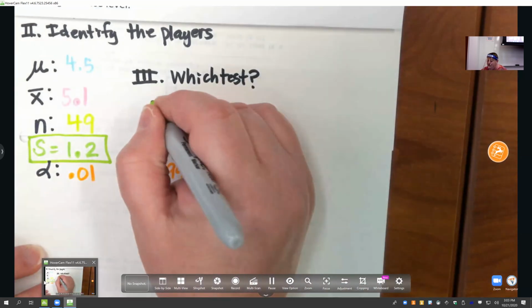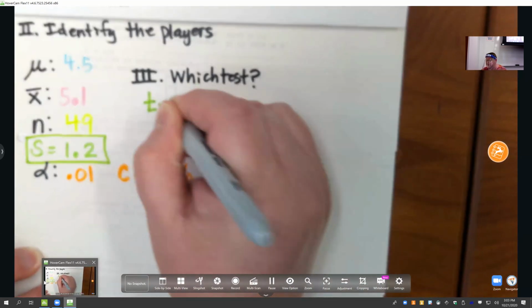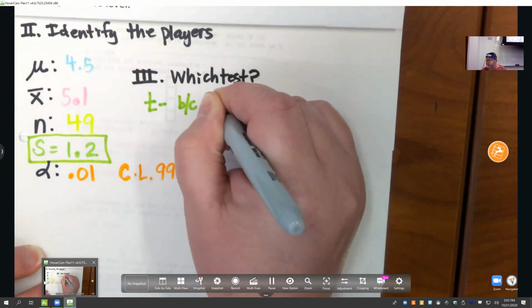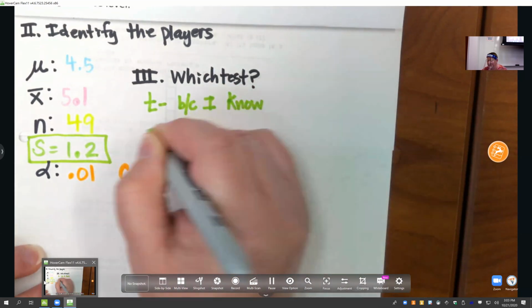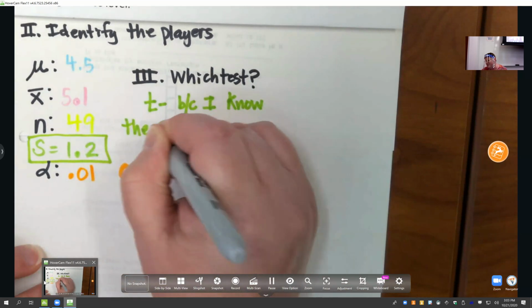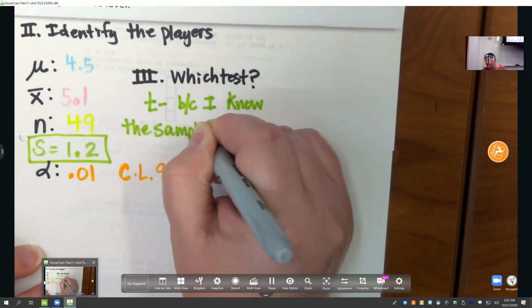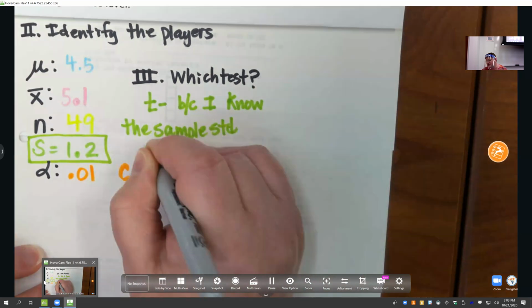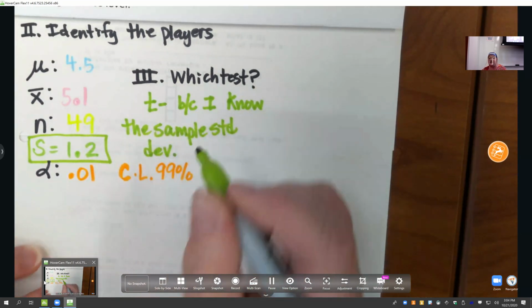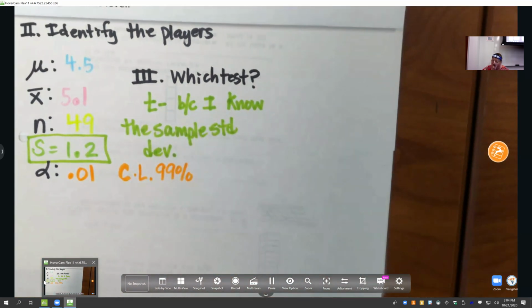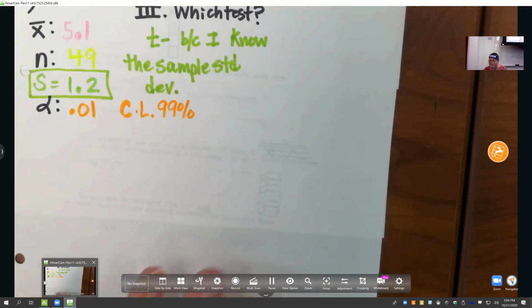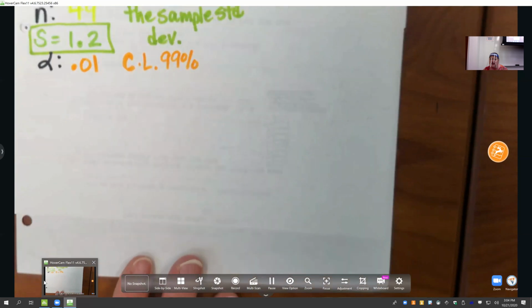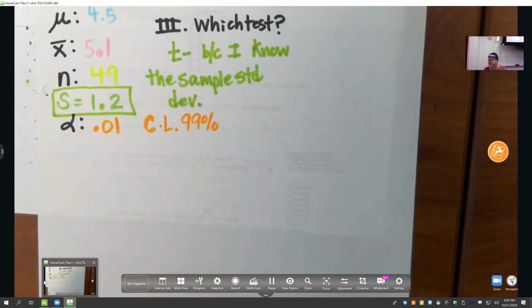So I'm going to do a t-test, because I know the sample standard deviation. Even though I have a large sample, I'm going to do a t-test because I only know the sample standard deviation.